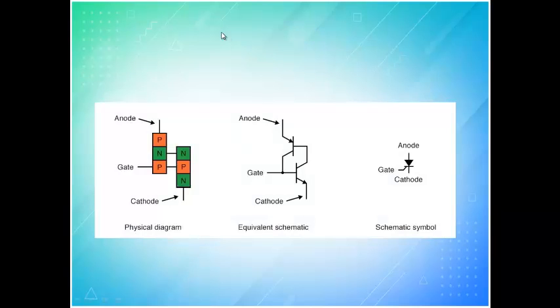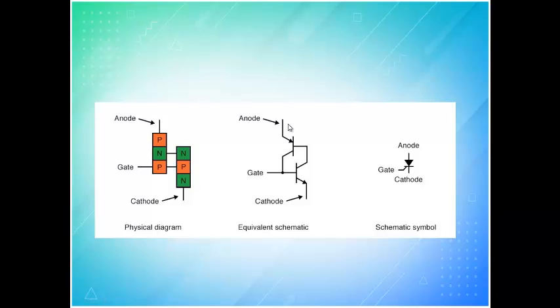In the diagram, the SCR is like 2 transistors connected back to back, where the second layer is connected to the first layer, and the third layer is connected to the first layer of the next transistor configuration.